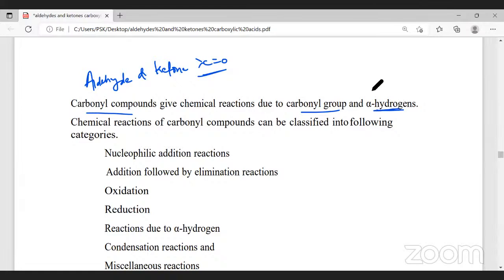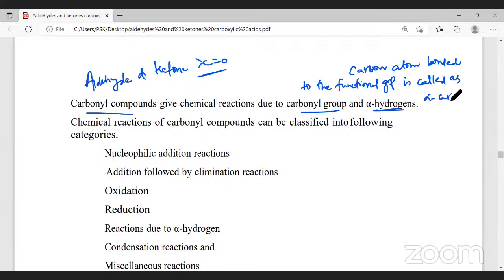What is alpha hydrogen? A carbon atom bonded to the functional group is called an alpha carbon atom.